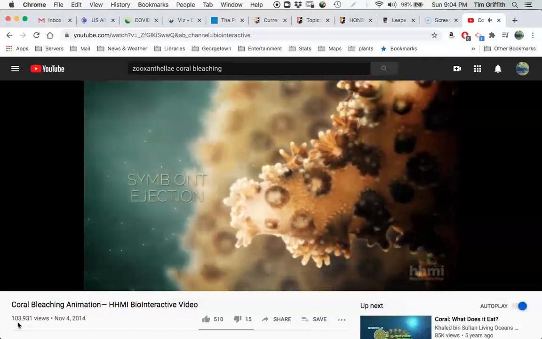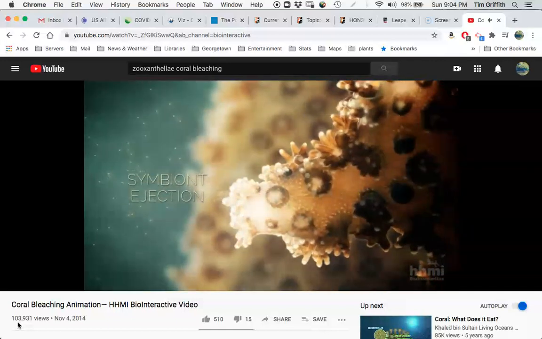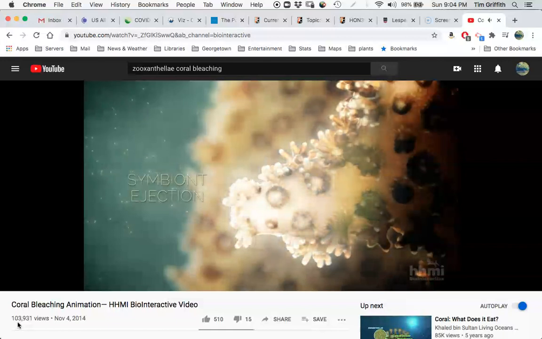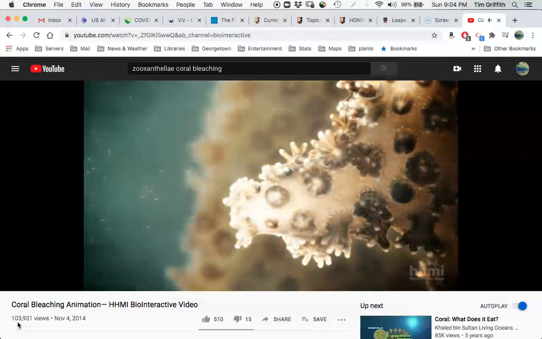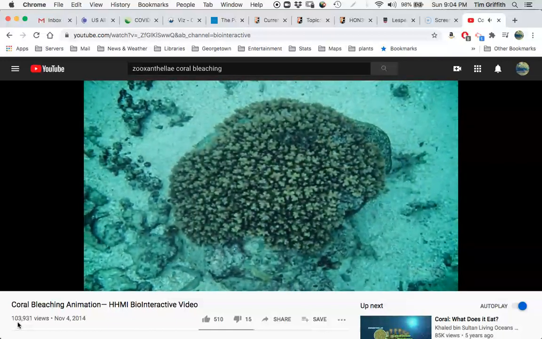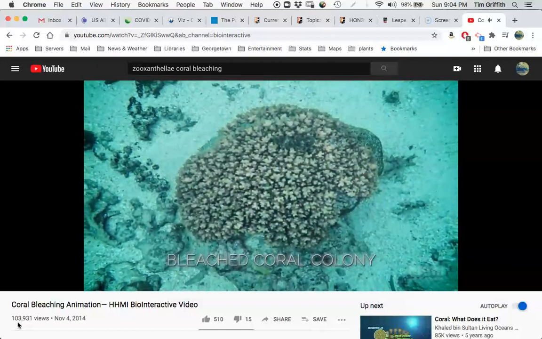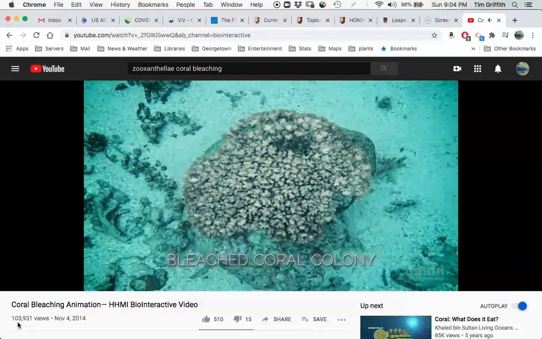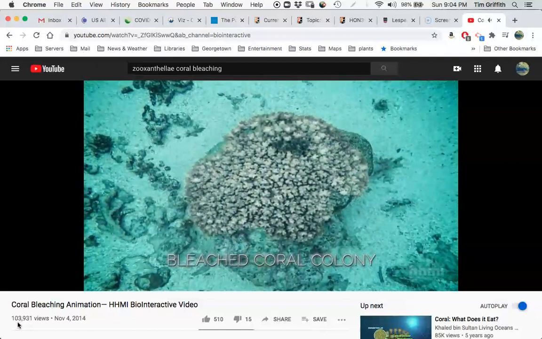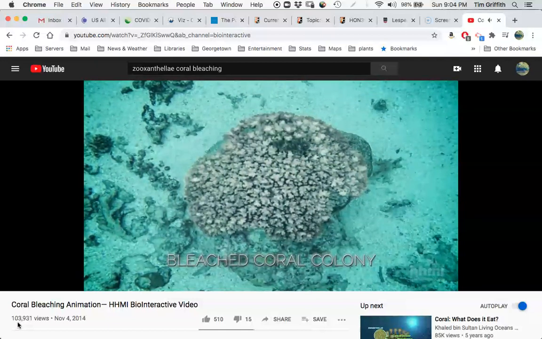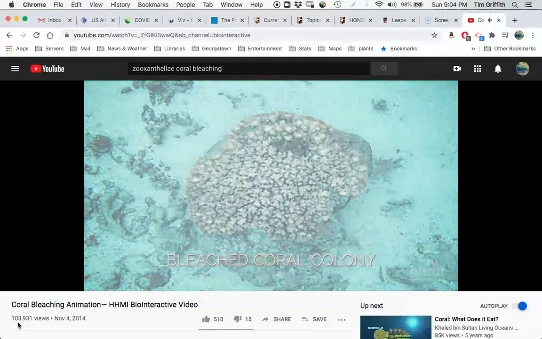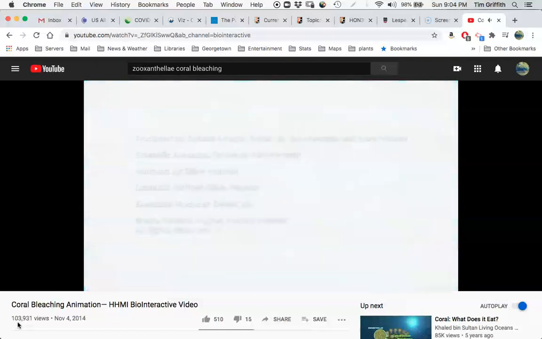What you can see here is simulated of the spitting out of these symbionts and the gradual whitening of this particular part of this particular coral colony. Well, when that happens across an entire colony, then the coral turns from its normal tan color into a white color. What difference does that make? The symbiont provides 75 to 80% of the energy the coral needs to survive, and without that energy, it can't make a skeleton and it can't live very long. So as a consequence, a lot of the corals that bleach eventually die.